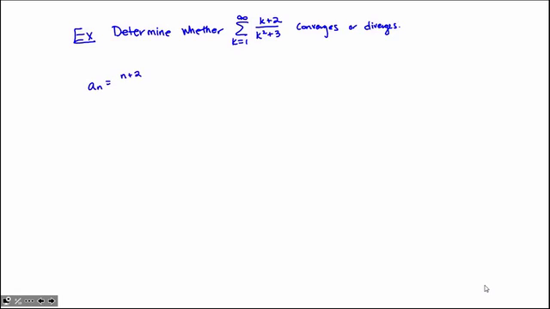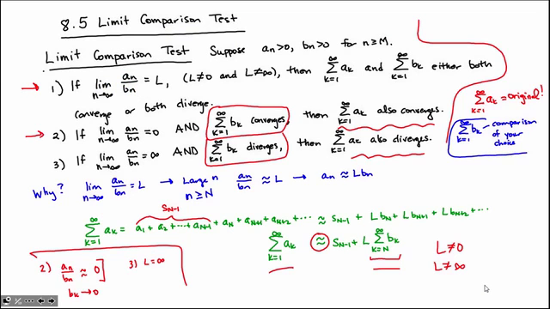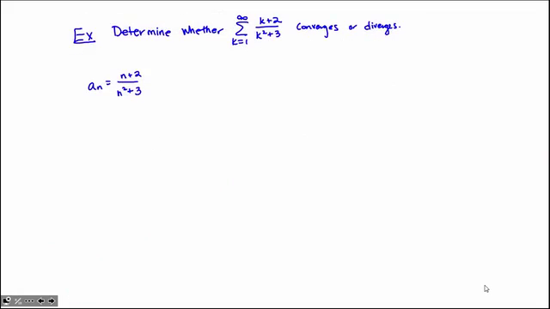So let's try and utilize our limit comparison test. Again, our original series is the a_k series, so a_n better be equal to the corresponding terms. Now, if we go back to this test for a second, I told you over here that we're going to compare to something that we have to choose. What we compare to is not dictated to us by this test. I have to make a choice. I want to make a good choice. So what I want to do is focus on what a_n looks like.